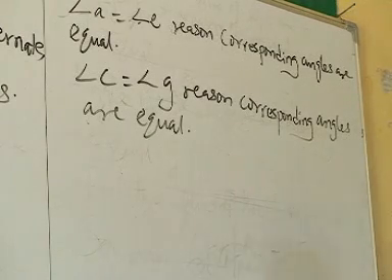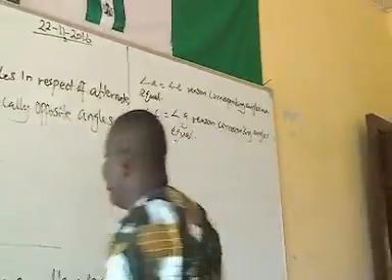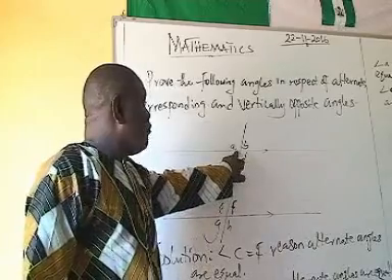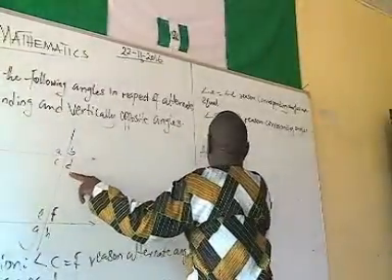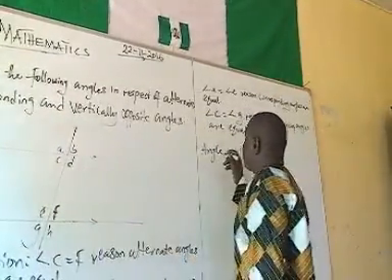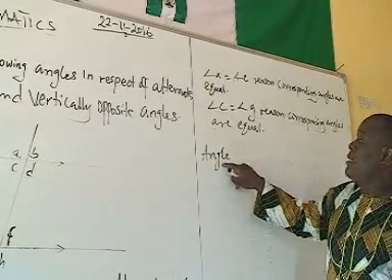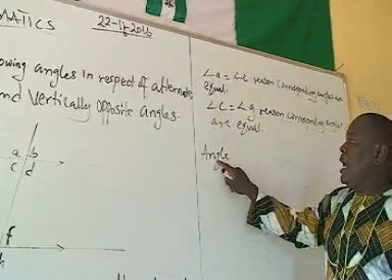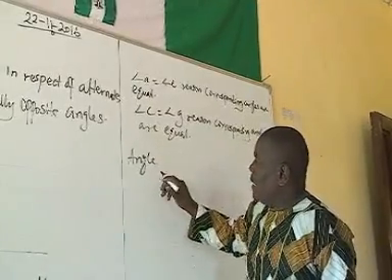Let us go to vertically opposite angles. What do we do? A equals to what? D. I can use this sign, and I can use this sign. This sign is the sign of angle, and this one is the full wedge.